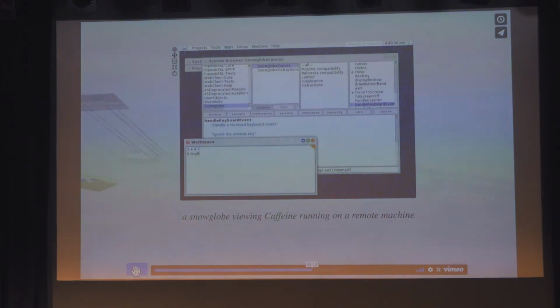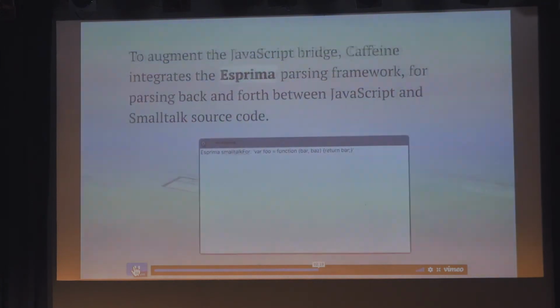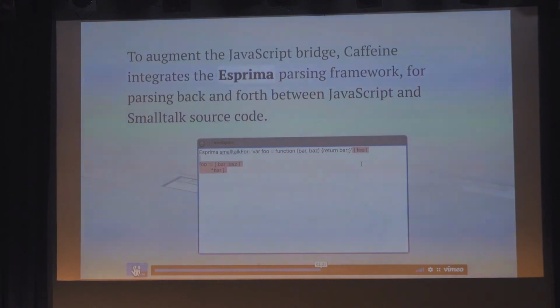So I have been writing a system based on that idea called Snow Globe. In this demo, it's just showing that tiny benchmarks is much faster than you would expect from a web browser. I've also done some work integrating JavaScript parsing to convert back and forth between JavaScript and Smalltalk source.